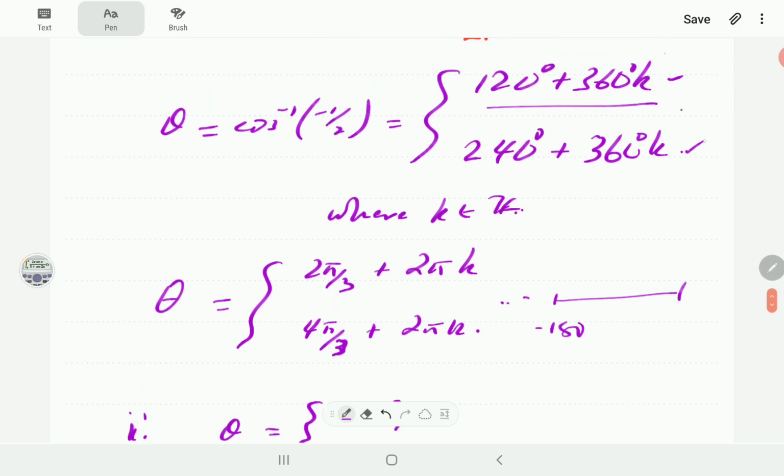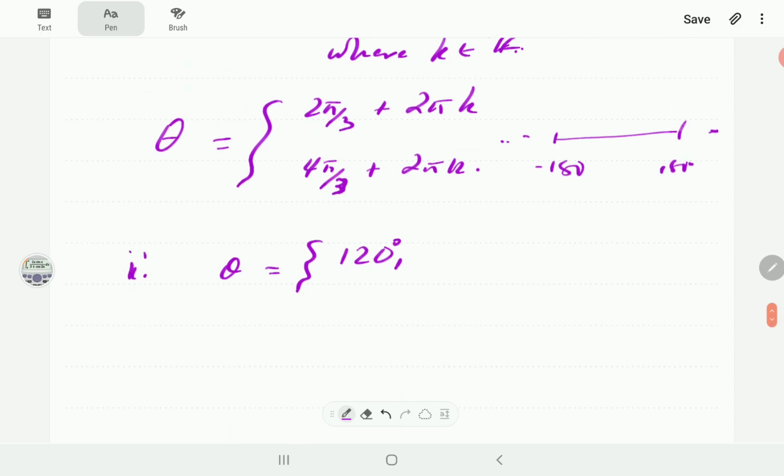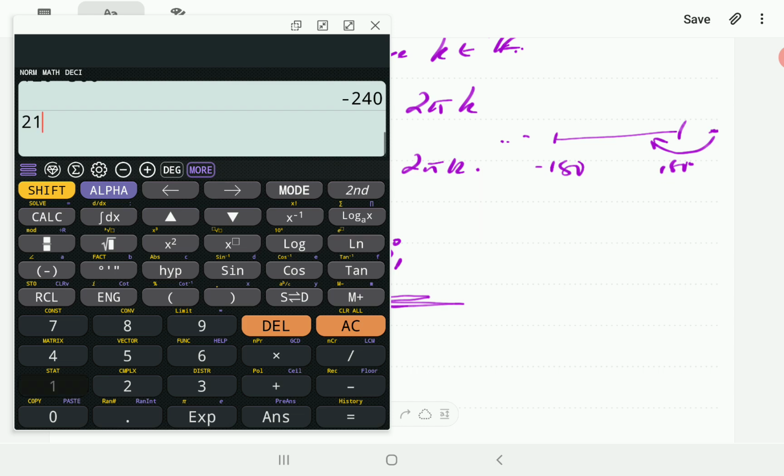Then we go to this one. So if k is 0, we've got 240, but 240 is here. So that means this angle cannot be part of the solution here. But since it's this side, we need to wind it down. So we need to start subtracting multiples of 360. So we're going to say 240 minus 360. That gives us negative 120.